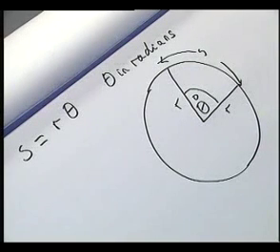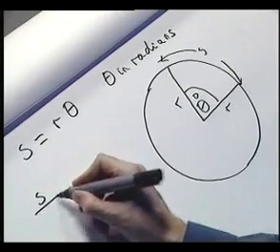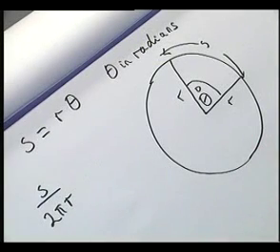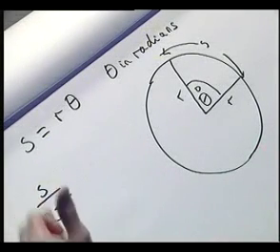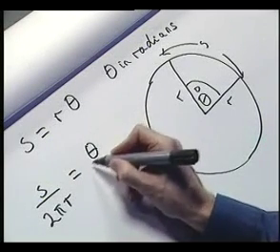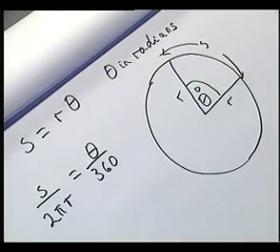So, what's our formula? Well, S must be a certain proportion of the whole circumference. S over 2 pi r. And the angle theta will be exactly the same proportion of 360.